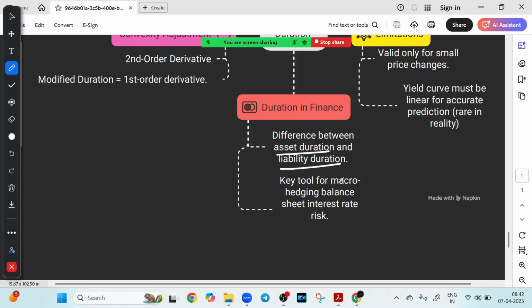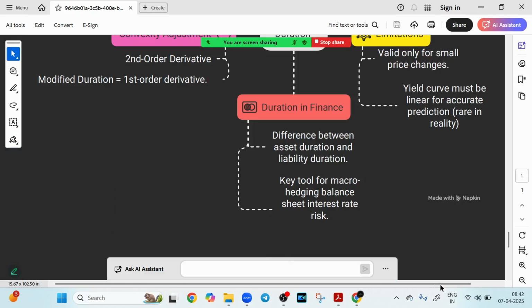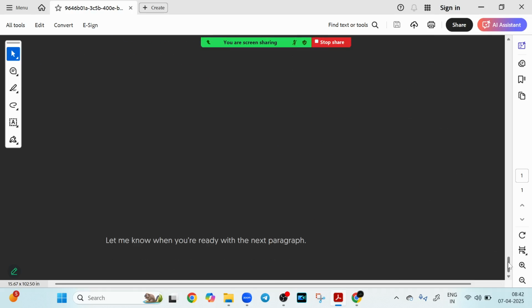It is a key metric in macro hedging, helping banks manage interest rate risk across the entire balance sheet. So modified duration gives you a sharper, smarter way to measure bond risk. It blends math and market sense into a tool that is both practical and powerful. So the next time someone says interest rates are changing, you will know exactly how much impact it is going to have, right? So that is all we need to understand from this particular chapter. Nothing else, nothing extra is required, right?